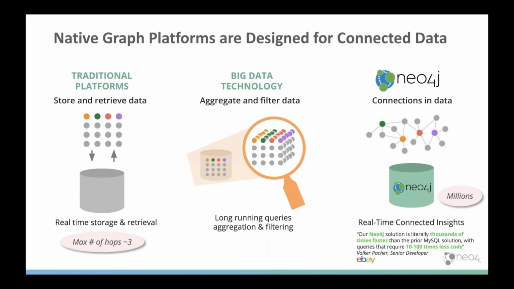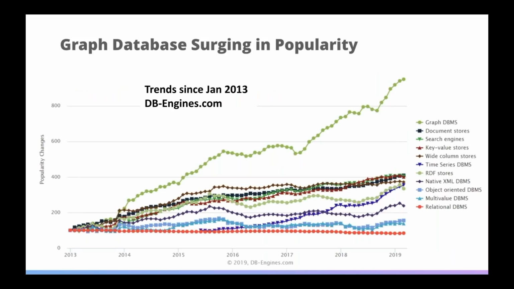Now, it's probably not surprising, given the growing popularity of machine learning and using predictions, how predictive relationships are, and how much our data is becoming more predictive, that the rise in popularity of graphs is off the charts.